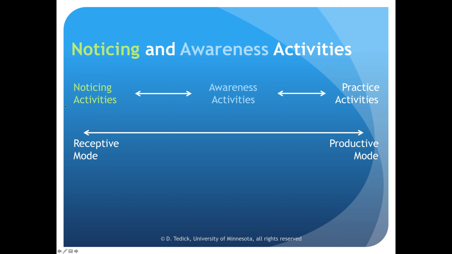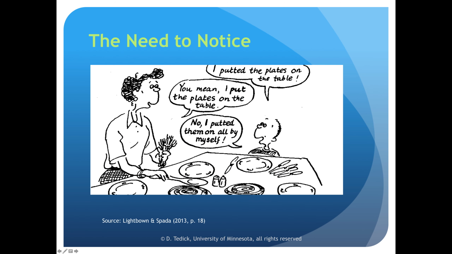So noticing activities are only receptive. They only fall in the receptive mode. And then awareness activities are both receptive and productive, and then practice activities are much more in the productive mode, but also receptive. But at any rate, these function sort of on a continuum, if you will.